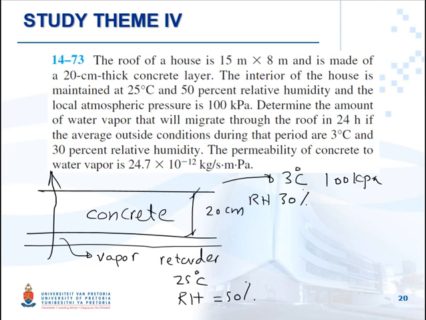I don't know if we can solve that one, because it looks to me that we are missing some information. Why? Because now we are dealing with two different layers, so we don't know how we are going to calculate the R total.